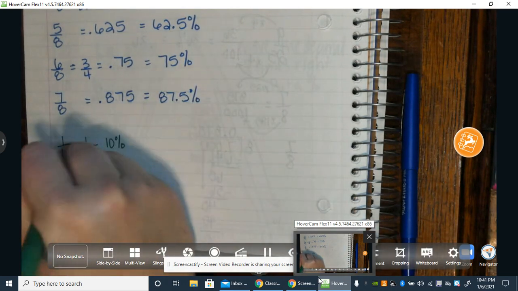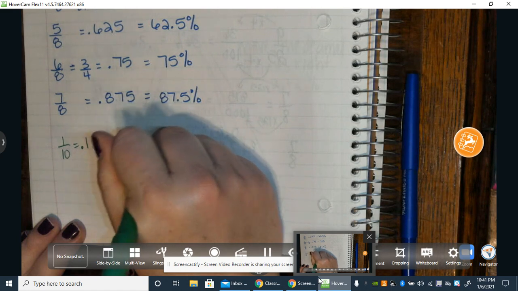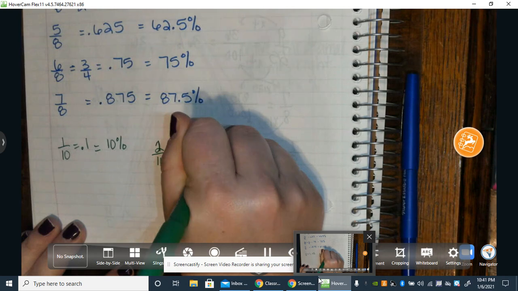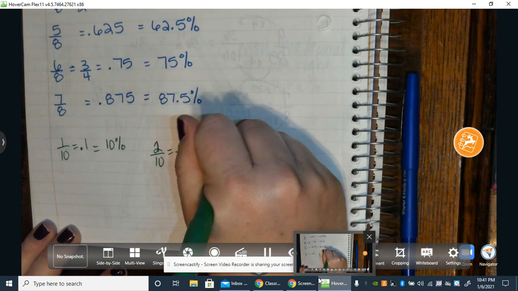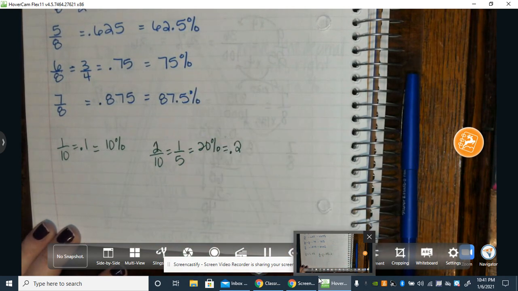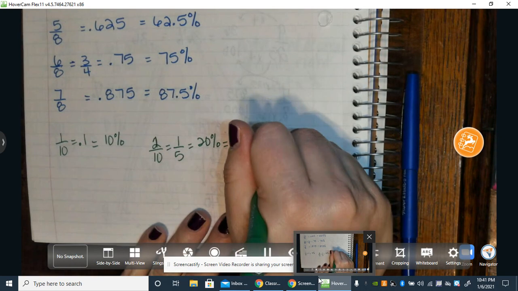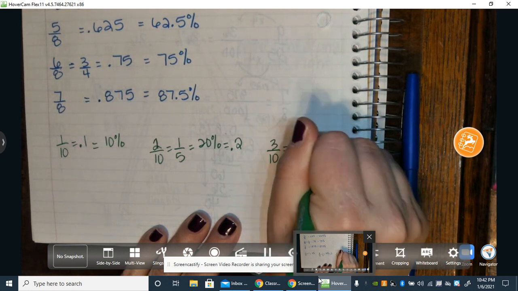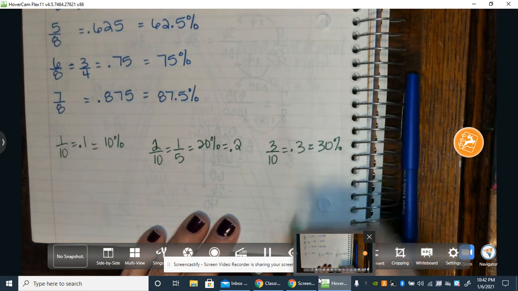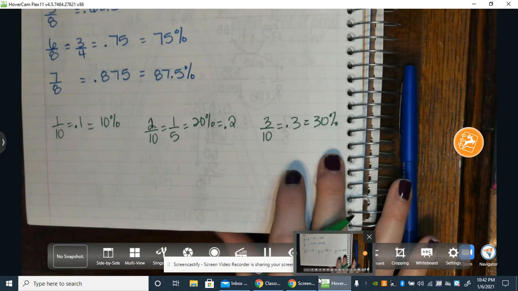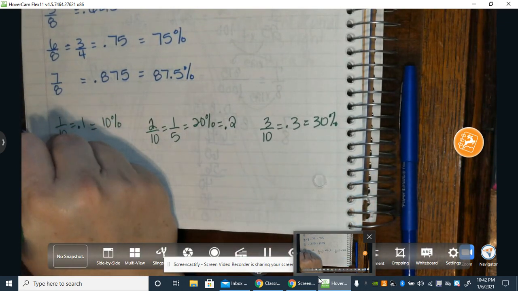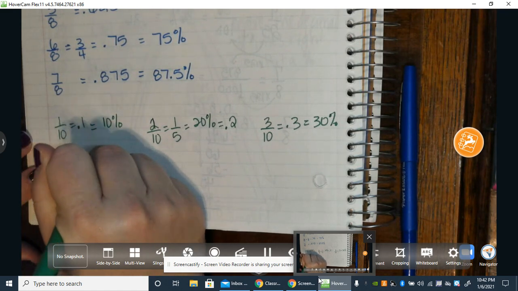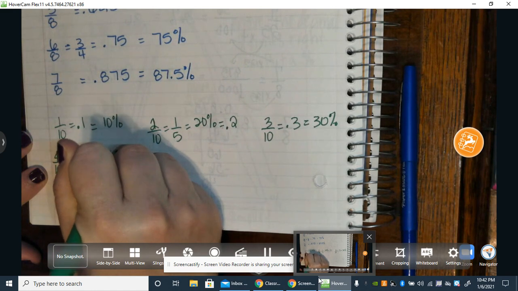I'll put that down here. 2/10 is equal to 1/5, which is 20%, which is 20 hundredths, or 2/10. Then we have 3/10, which can't be simplified. So that's 3/10, which is 30%. So if you think of tenths, think of them like dimes, guys. 4/10 reduces to 2/5, which is 4/10, which is 40%.